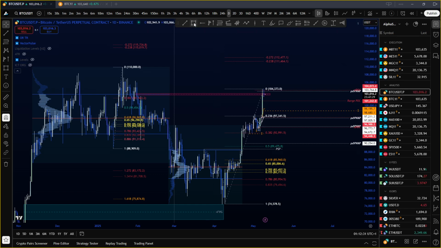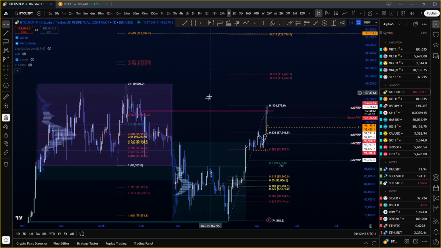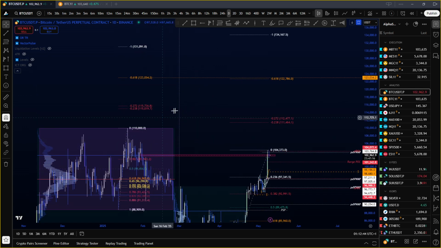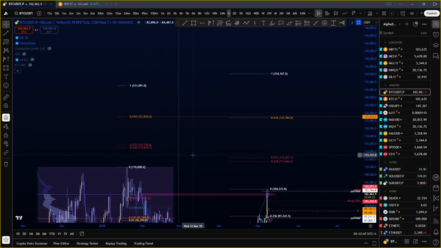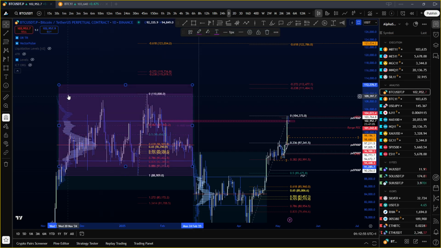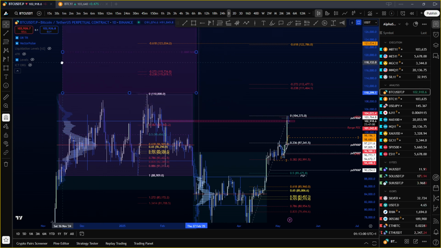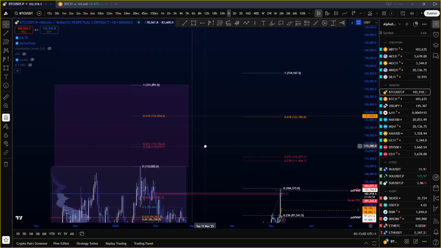The chart looks good for a number of things. One of them is for the PO3 count. The PO3 count was basically this, but the logic was that the distribution part would be double the accumulation, exactly, so it would be kind of like this.